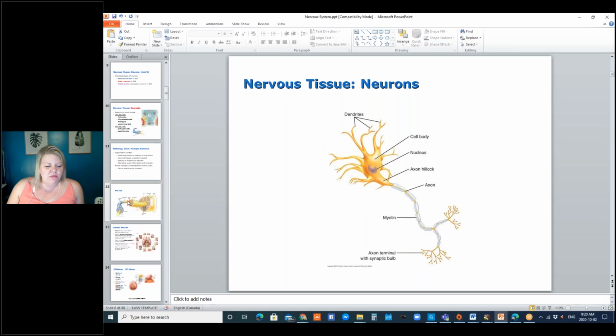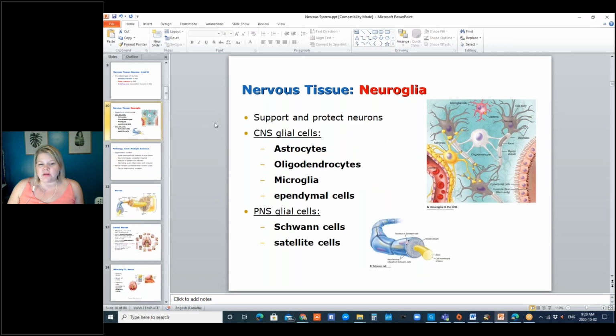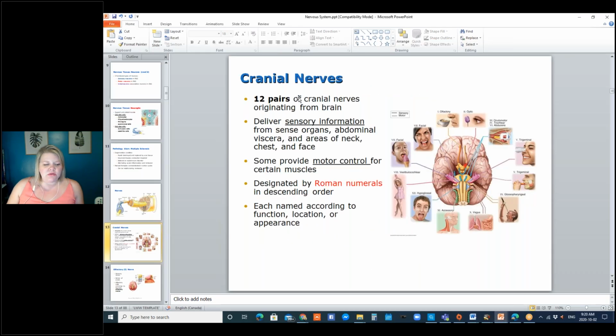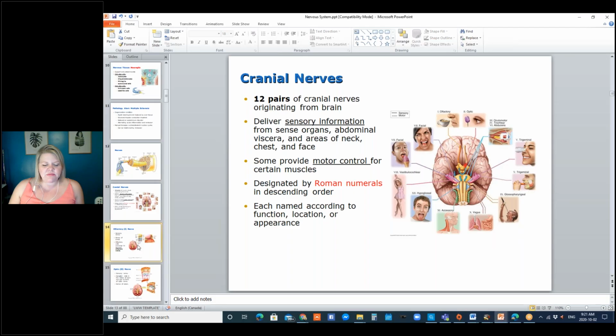We also talked about different kinds of cells, neuroglial cells that aren't neurons, that are supportive to the nervous system. We also touched on cranial nerves, and I want to go back here and talk about each of the cranial nerves in more detail. So if you go back to your notes, I've added a few slides.